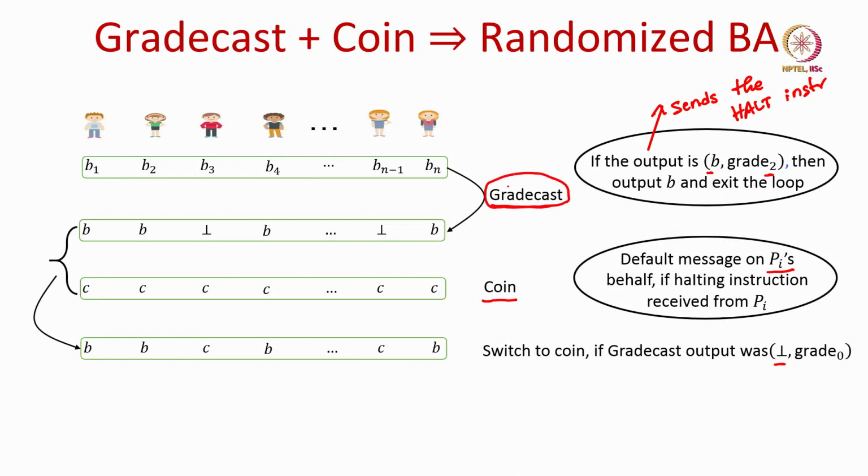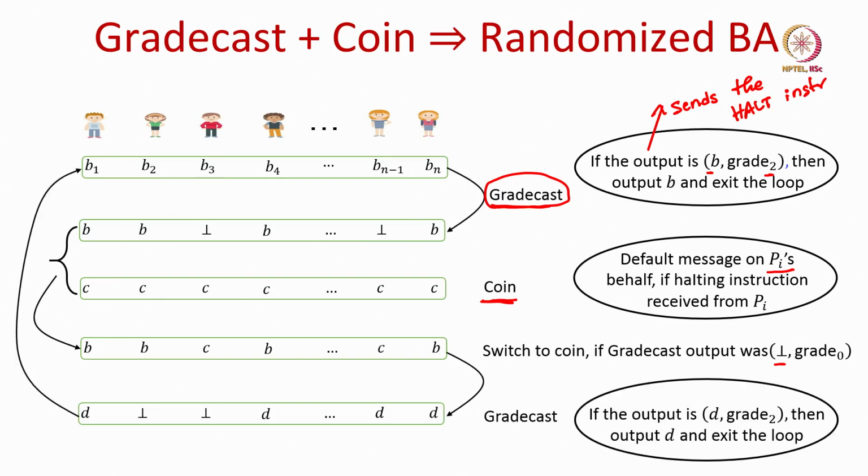If that is the case, then they switch their input to whatever output they have obtained from the coin primitive, otherwise they stick to the output that they have obtained from the Gradecast, and then they run the Gradecast primitive. And again here there is a possibility that an output for an honest party is a bit with the highest grade. If that is the case, then it outputs that bit as the output for the Byzantine agreement and exits the loop with the halting instruction.